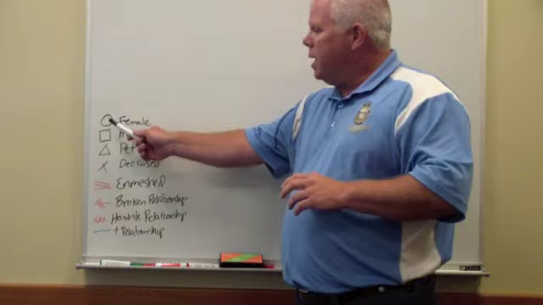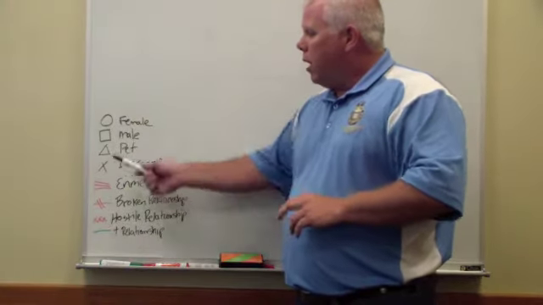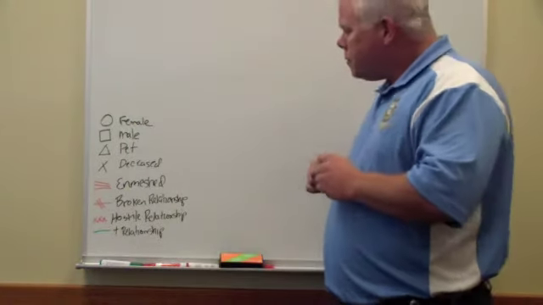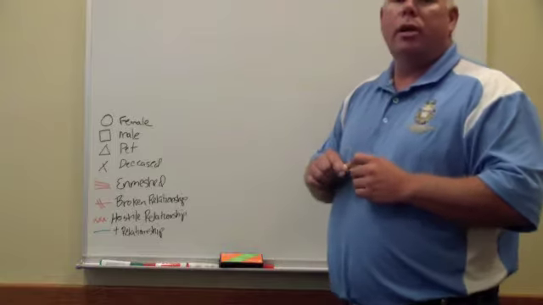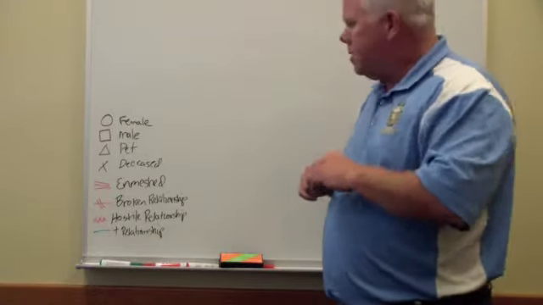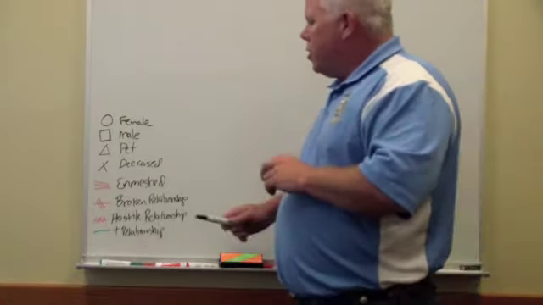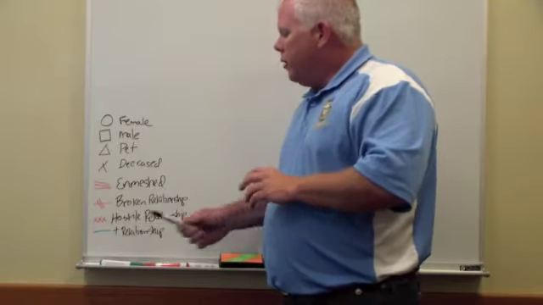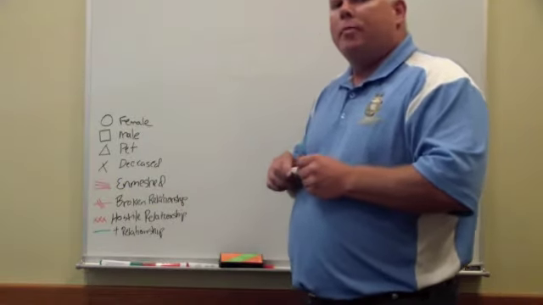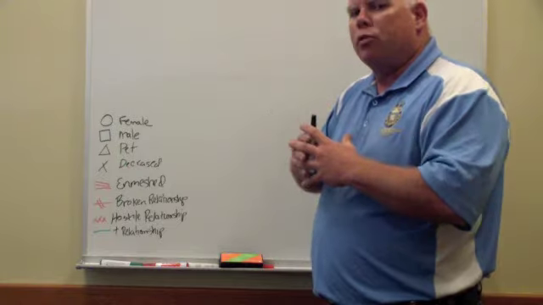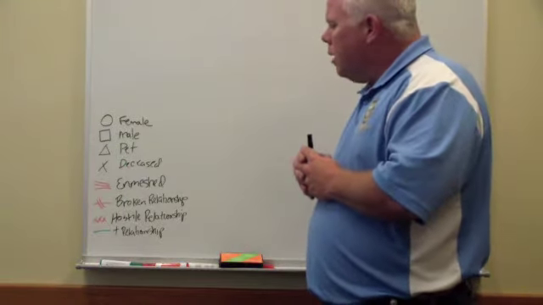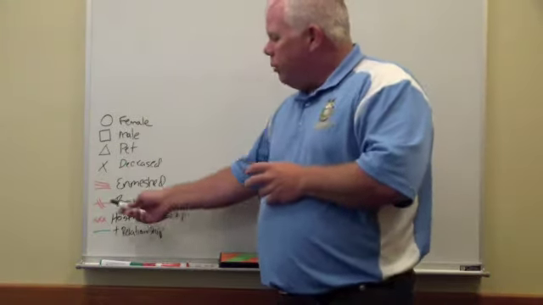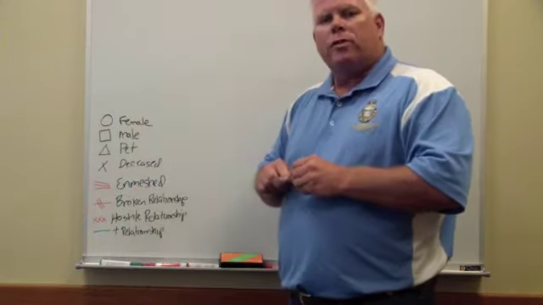An X within either the circle, the square, or the triangle represents that the person or the entity is deceased. In our genogram, we're going to have also 3 red lines. You'll see those, and that means that there is some enmeshment in relationship. We also will see a red line with a couple of slashes through it.